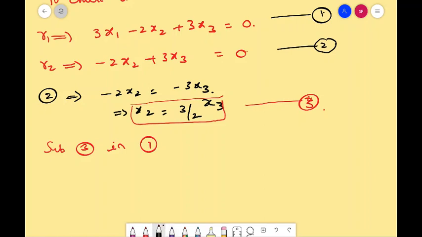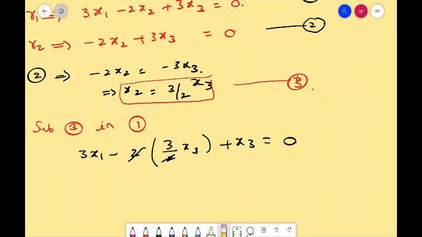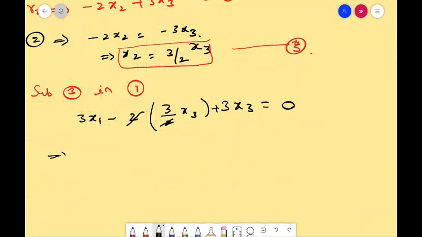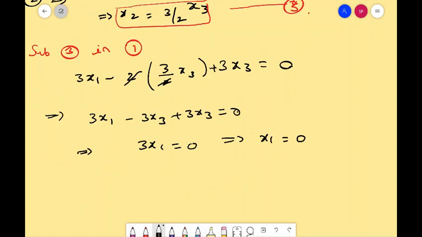So you will get 3x1 minus 2 into 3 by 2 x3 plus x3, which will give you 3x3, which implies you have 3x1 minus 3x3 plus 3x3 is equal to 0, which implies 3x1 is equal to 0. This implies x1 is equal to 0. So I got the x1 value.